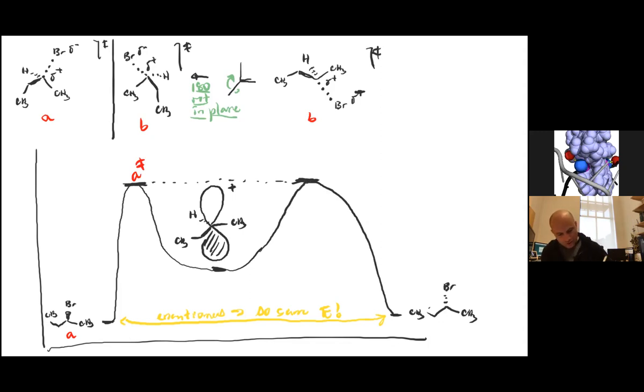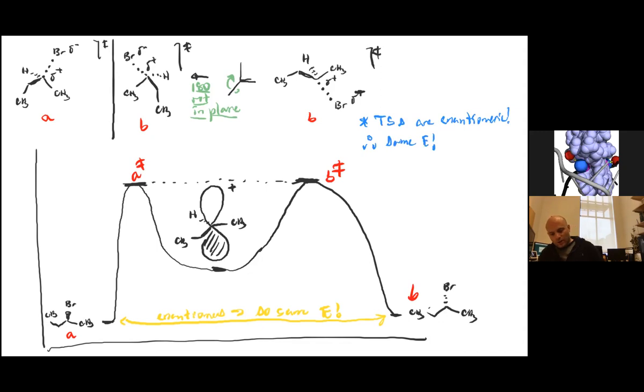And then going down. So this is B double dagger, and this is product B. Okay, so the transition states are enantiomeric. Therefore, same energy, right?